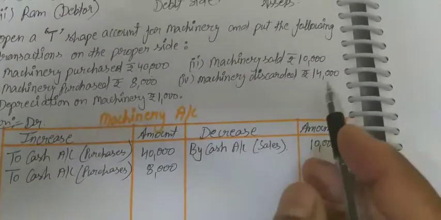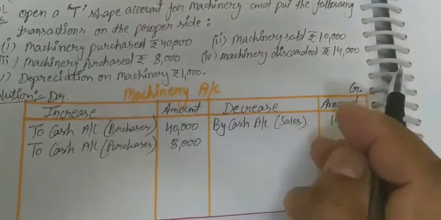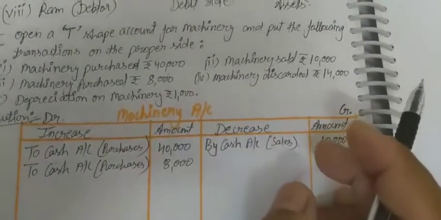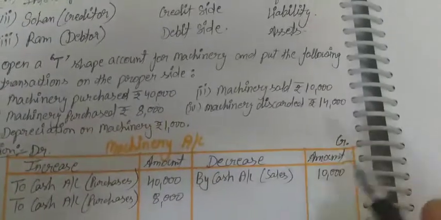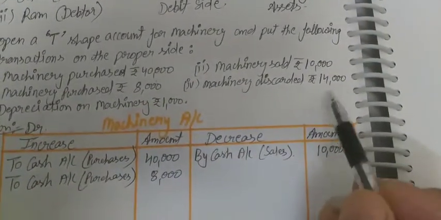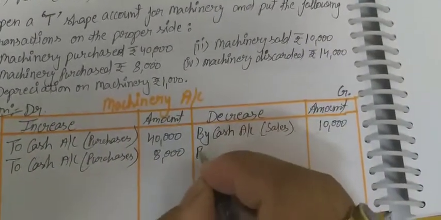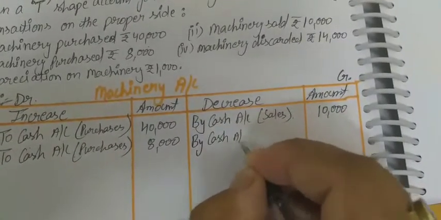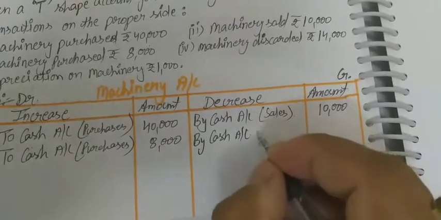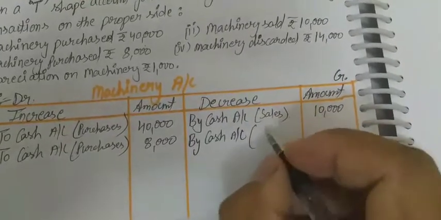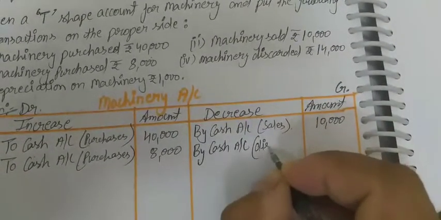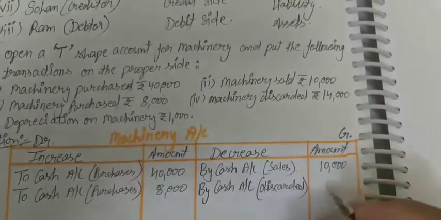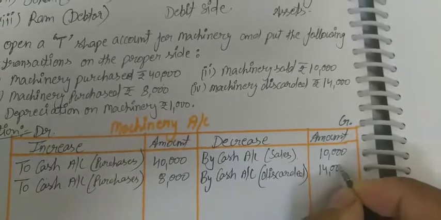Discarded means it is destroyed and then it is sold as scrap, and if it is sold as scrap, so that's why the machine value is decreased, so by cash account, it is discarded, rupees 14,000.